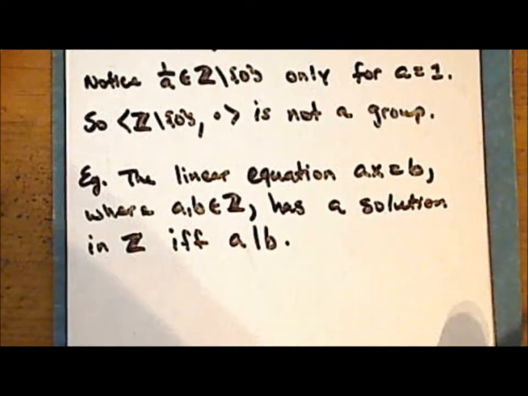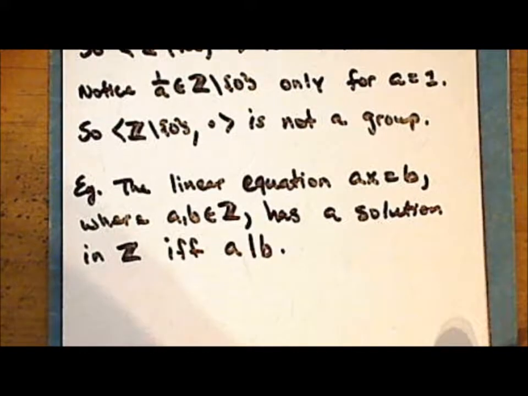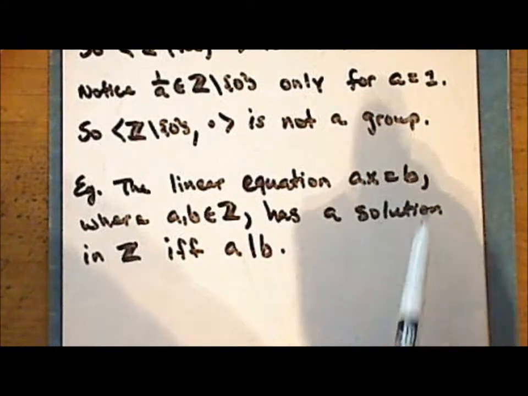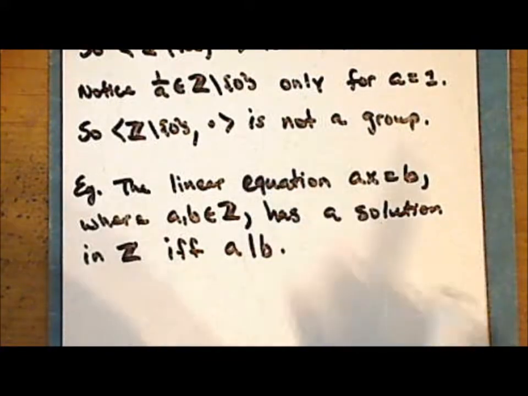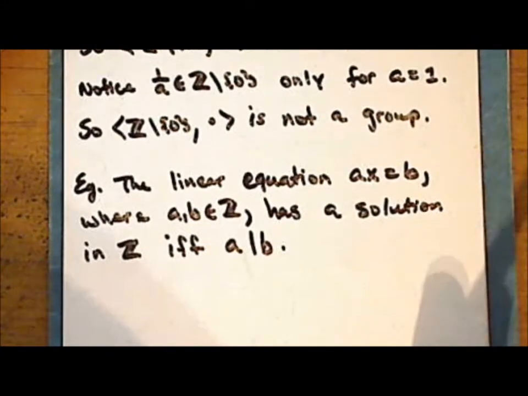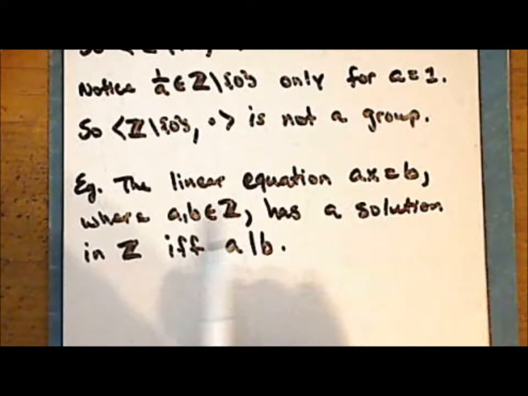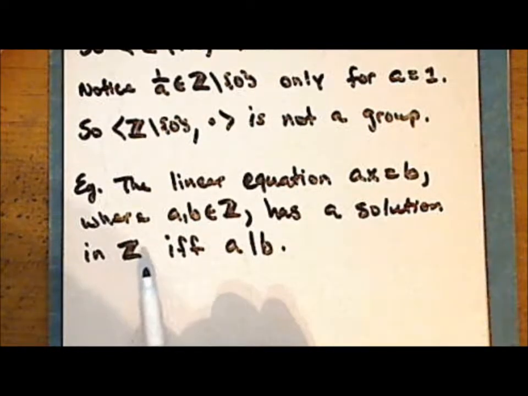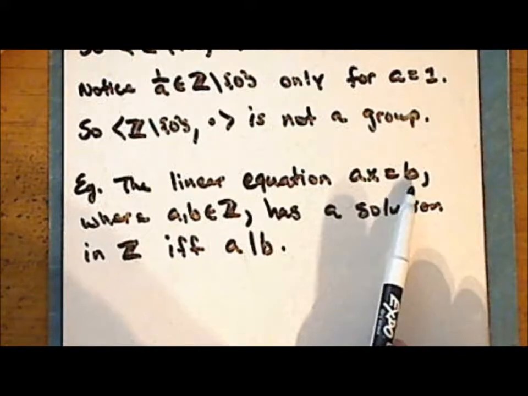So as the integers under multiplication is not a group, we are not guaranteed that every linear equation with integer coefficients has a solution or has a unique solution. We indeed only have a solution in the set of integers if a divides b.